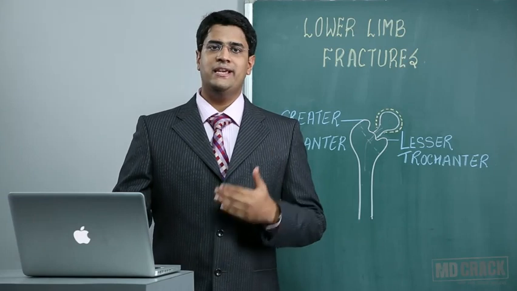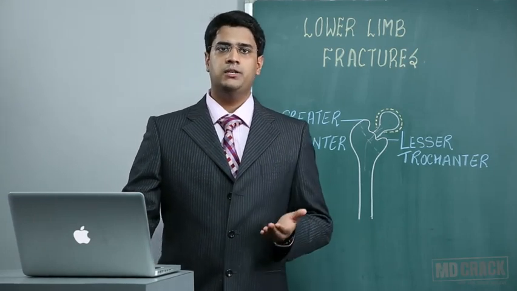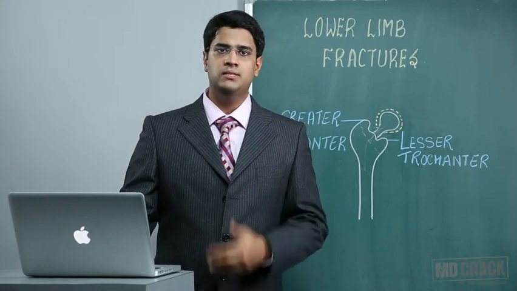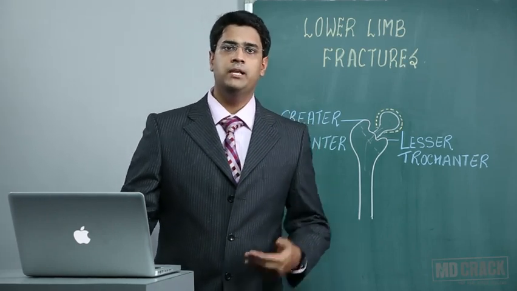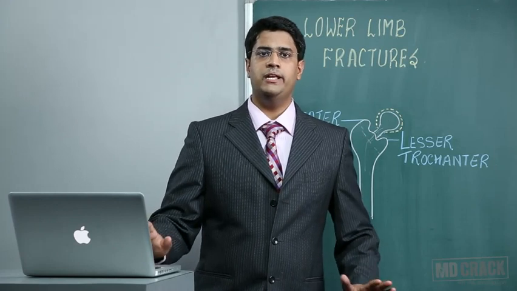Secondly, you must always examine the patient from behind. Ask the patient to stand on the normal limb first. For example, if my left limb is normal, I will stand and flex the other limb completely. Ask him or her to stand in that position for around 30 seconds without taking any support.